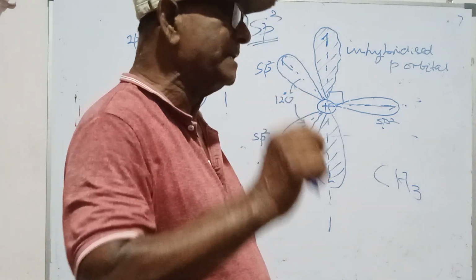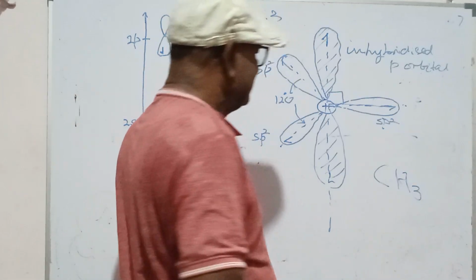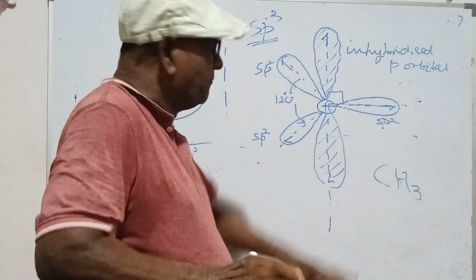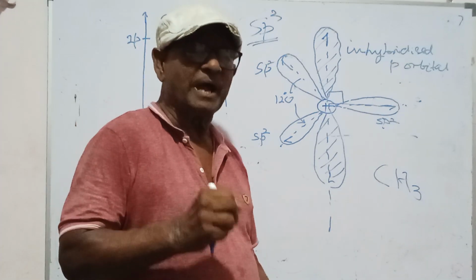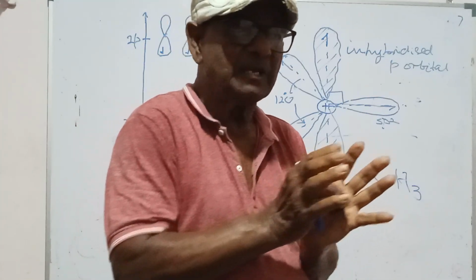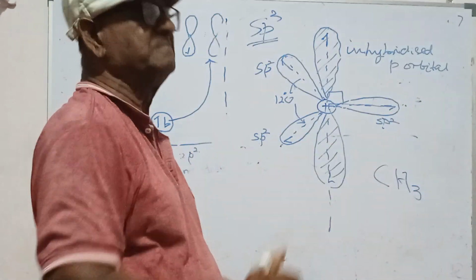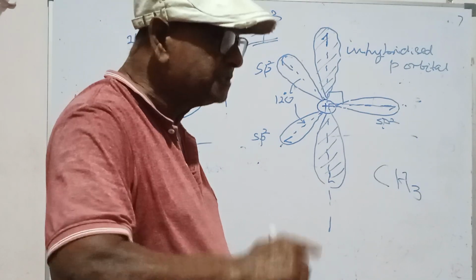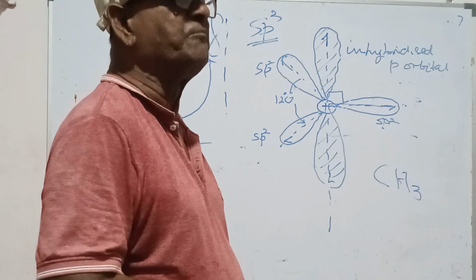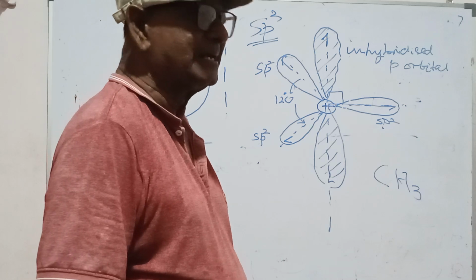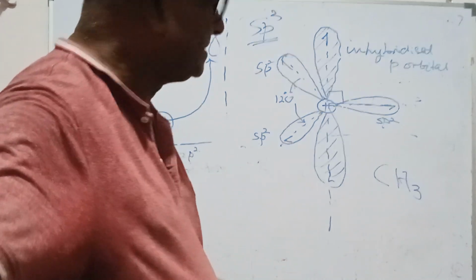Then what should be done? First of all, such an sp2 hybridized carbon atom should be combined with another sp2 hybridized carbon atom before the completion of the octet. Right?